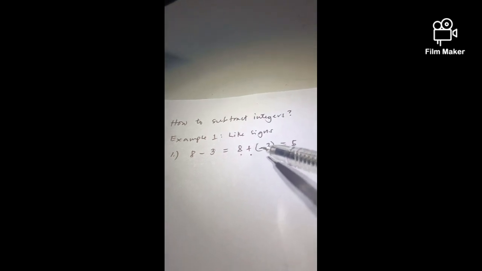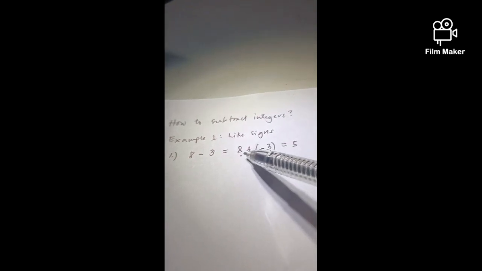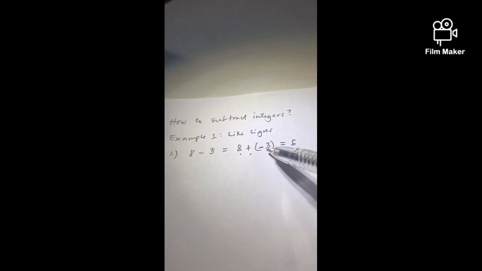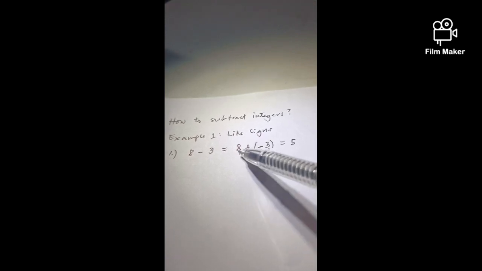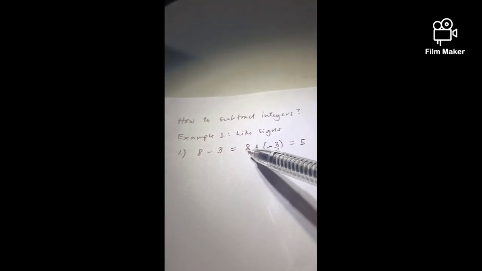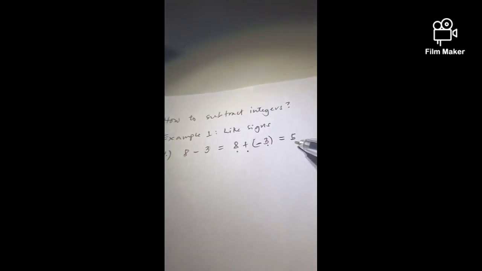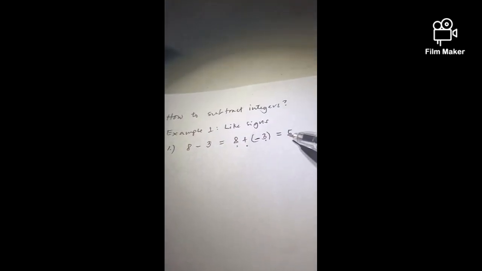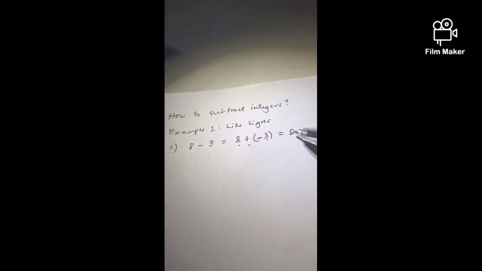So according dun sa rule, between the absolute values 8 and 3, which is larger? So the answer is 8. And 8 as an integer, what is its sign? That is positive. Therefore, the sign of our answer will also be positive. That is why it's positive 5.